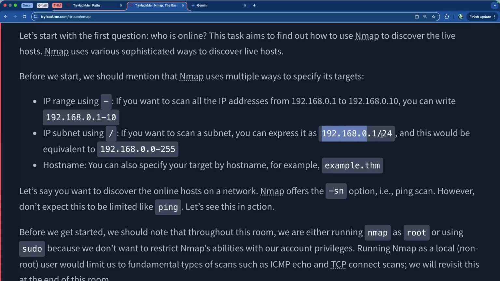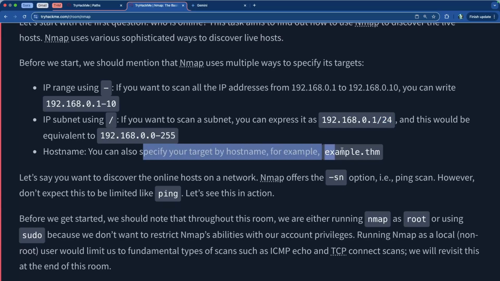And so this subnet mask has 24, meaning this very last octet is the one that we want to discover hosts on, which would essentially be the equivalent of doing the subnet here and then doing 0 to 255, very similar to what we did here. But instead of doing 0 to 255, you could literally just do /24, and then it would search for every single IP address that could potentially exist. And then if it's obviously a live host, it'll show it to you.